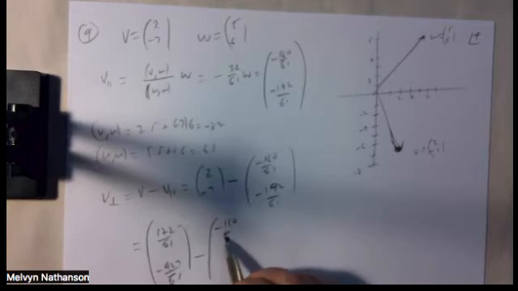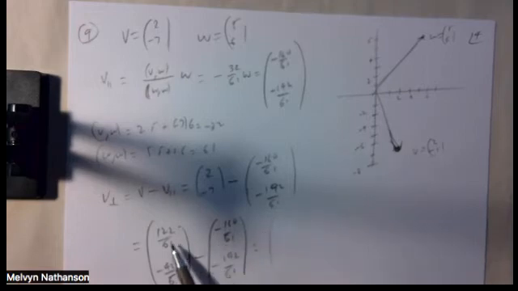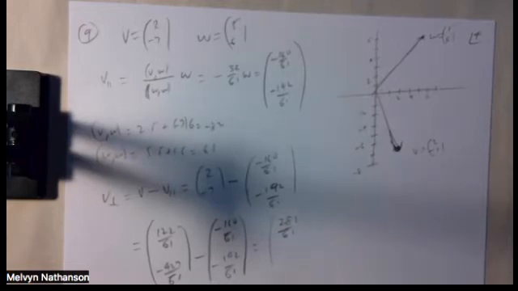Minus minus 160, so minus times minus is plus. So if I can add correctly, if I haven't made too many mistakes in my arithmetic, this is 282 over 61. And this is minus 427, oops, sorry, plus 192. So 427 minus 192 is I think 235.